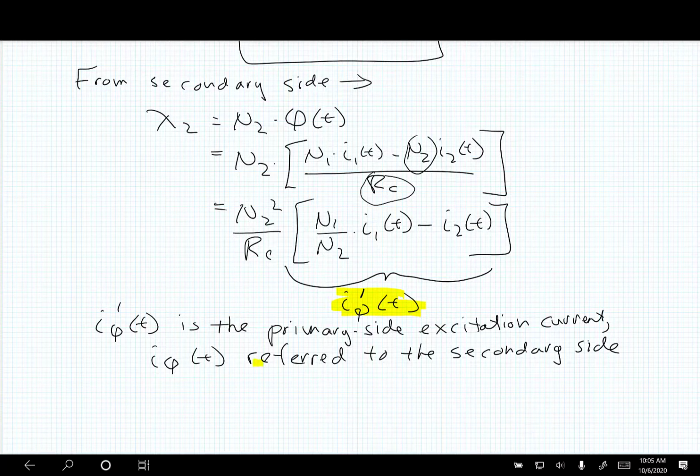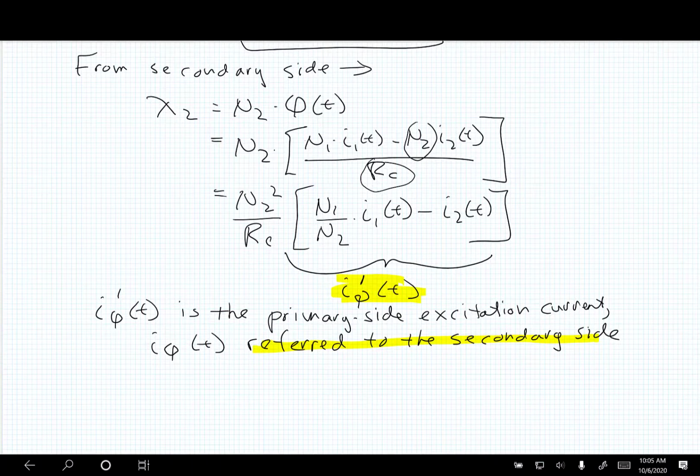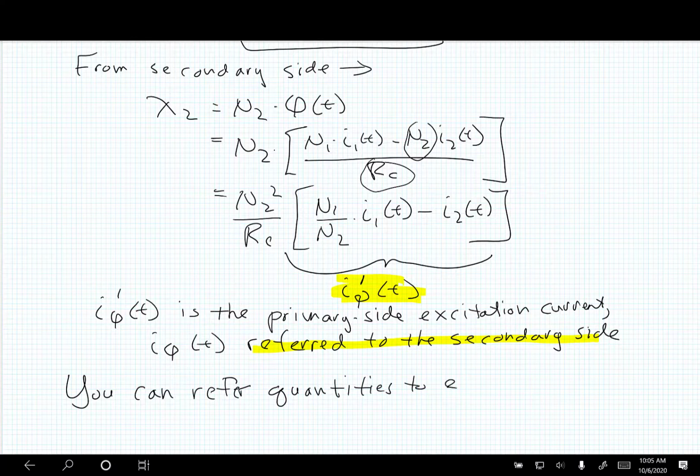So what this means is that you can refer quantities to either side of the transformer.